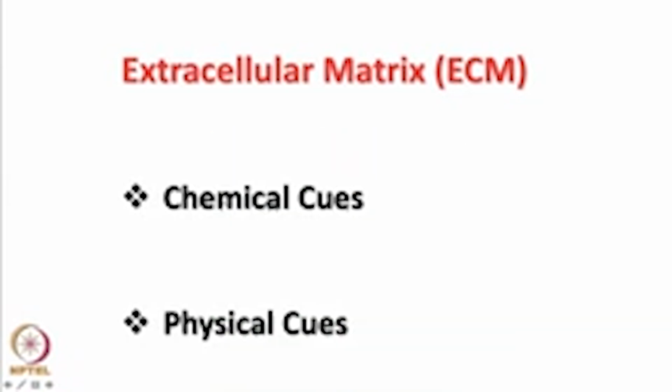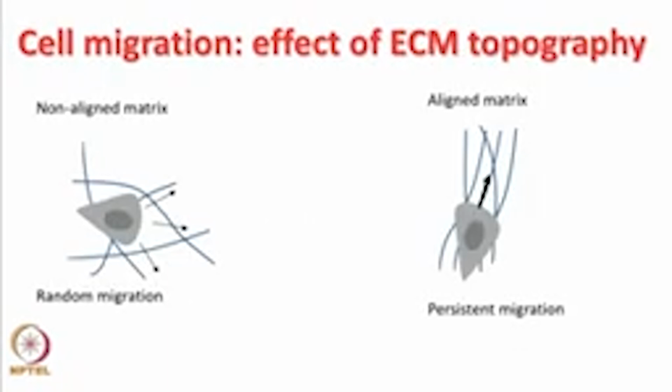You can divide the entire gamut of cues that the ECM provides to cells into chemical cues or physical cues. In the last class we had started discussing the effect of topography. What I mean by topography is the relative orientation of these ECM fibers.